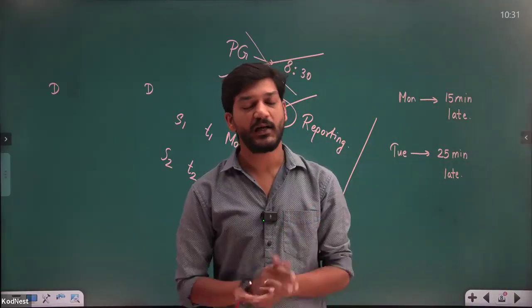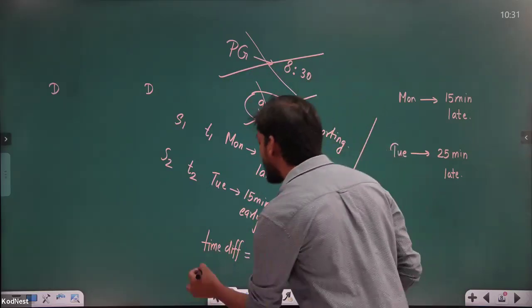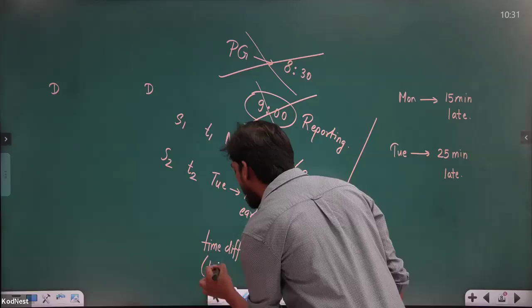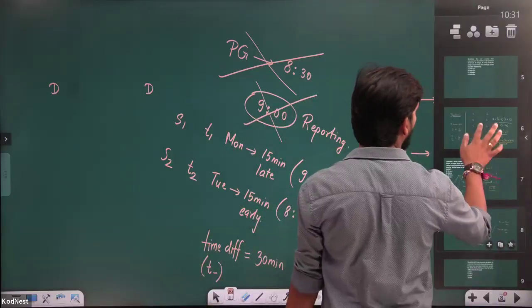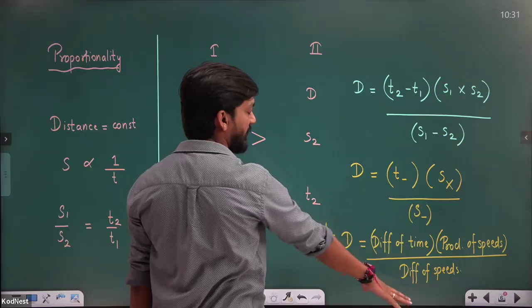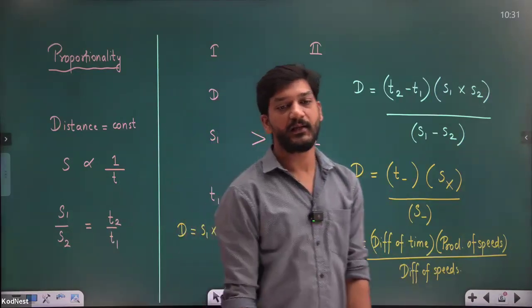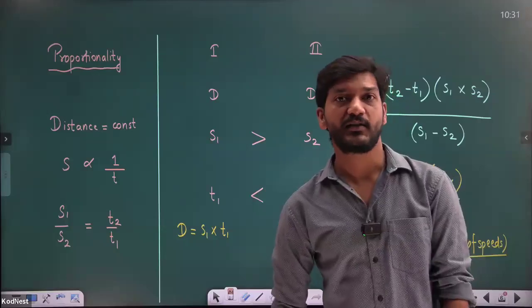So based on that, we have to calculate the time difference, which we have shown by T minus T in the formula. This formula we will apply. So carefully understand, look at the formula once again. This is what we will apply in the next question.